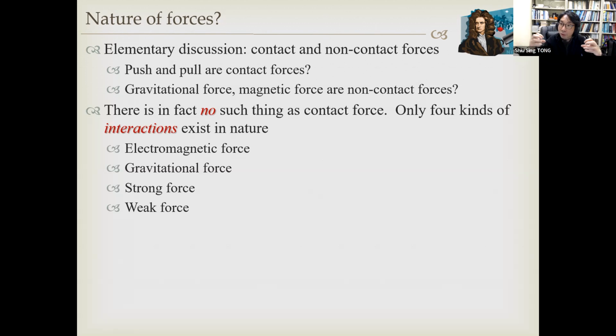So there must be a kind of force that glues all the particles together, and that kind of force is the strong force. The strong force is a strong attractive force that sticks the nucleons together inside an atomic nucleus. And the weak force is responsible for many important nuclear processes, for example, beta decay. The decaying process is sometimes mediated by this kind of weak force, but they are forces that you don't commonly see in your daily life, but they are at work in the subatomic world.